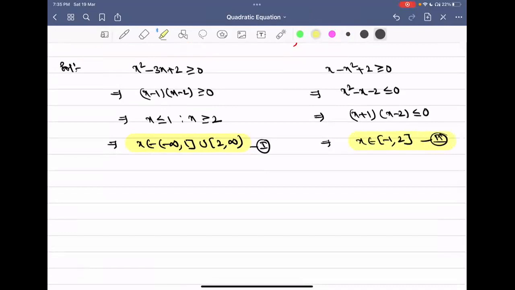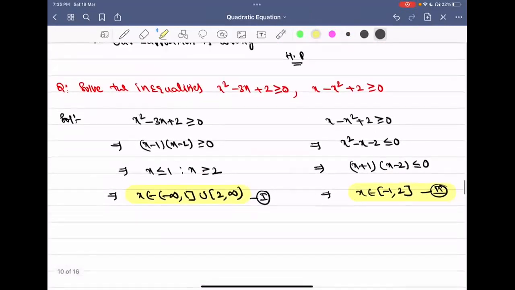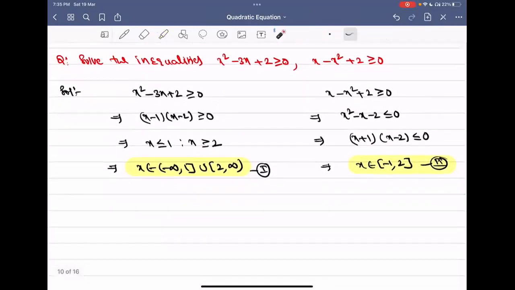Now the question is, solve these inequalities, so this one and this one. From 1 comma 2, the set of solutions of the given system of inequalities will be first one intersection second.